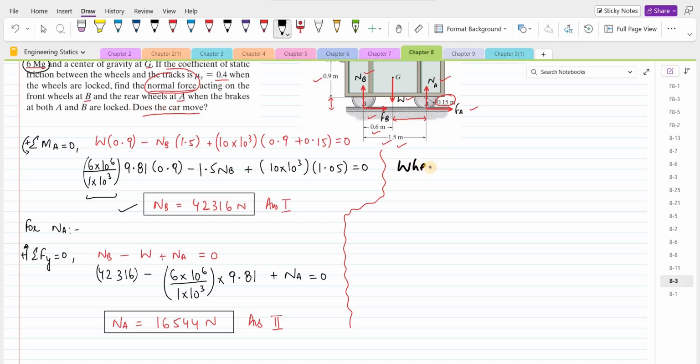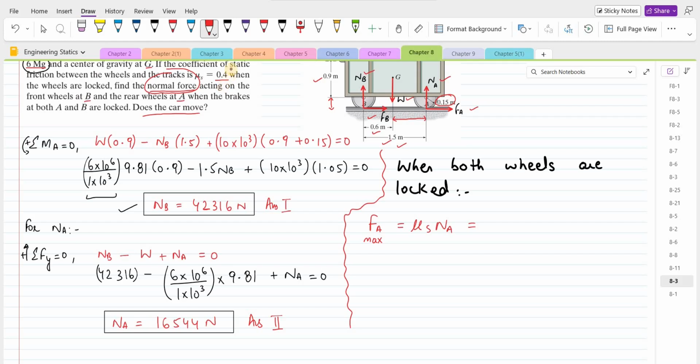When both wheels are locked, we can find the maximum friction at point A, which can be written as the coefficient of static friction times the normal force NA.